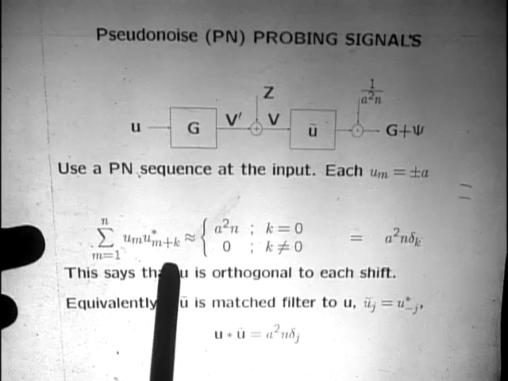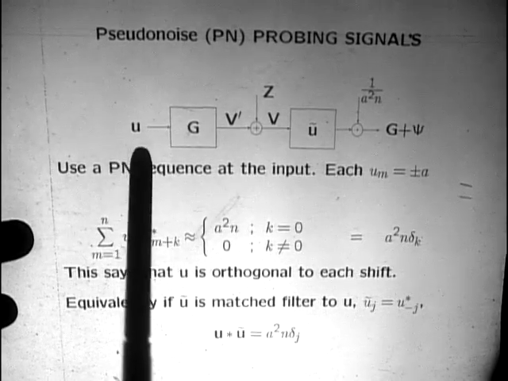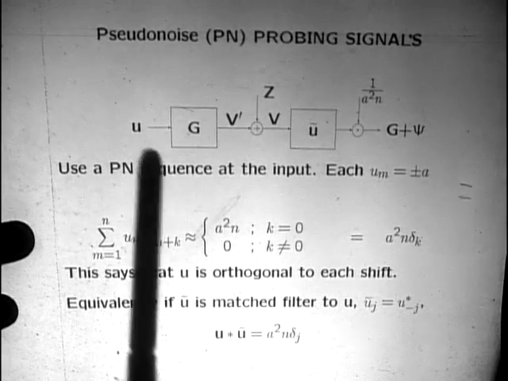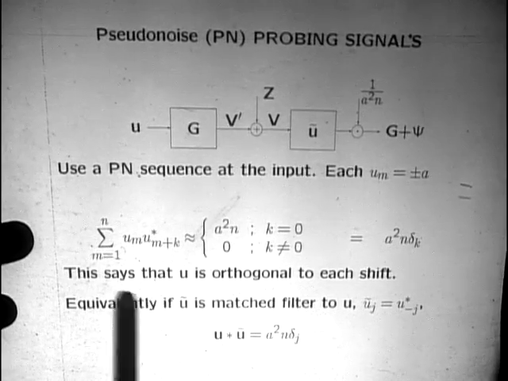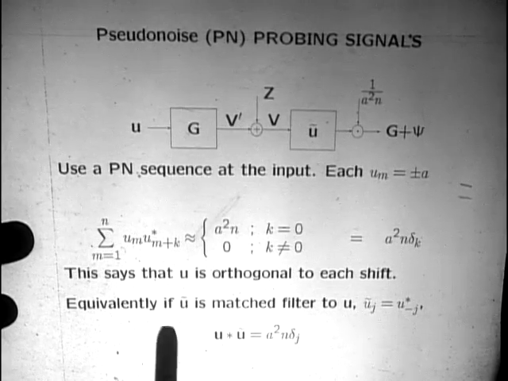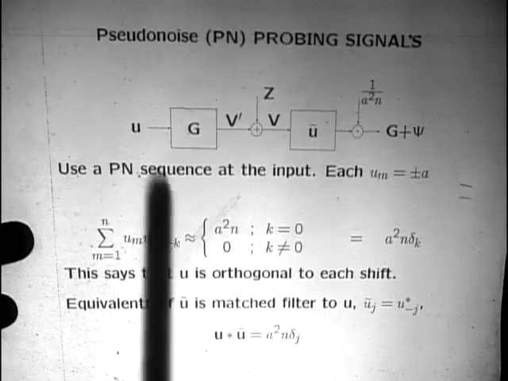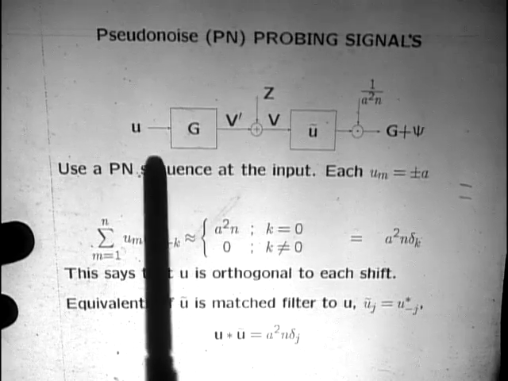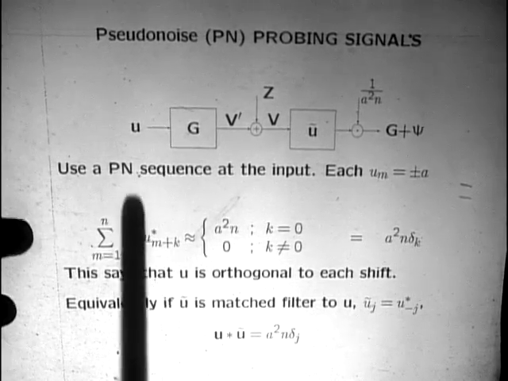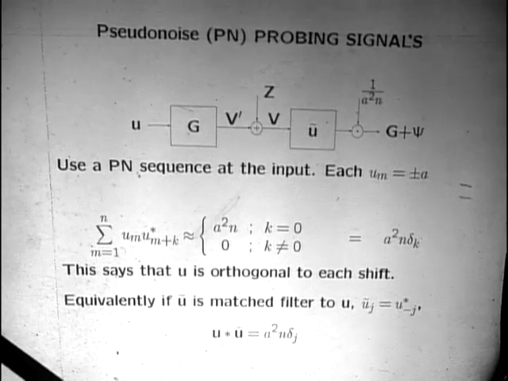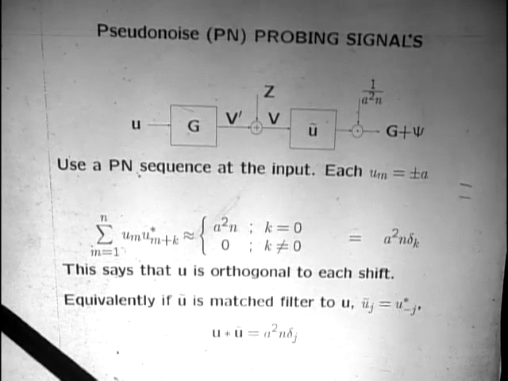Another way to say this is that the vector u has to be orthogonal to all of its shifts. That's exactly what this is saying. And another way of saying it is that u, if you pass it through the matched filter to u. Now remember what a matched filter is on an analog waveform.